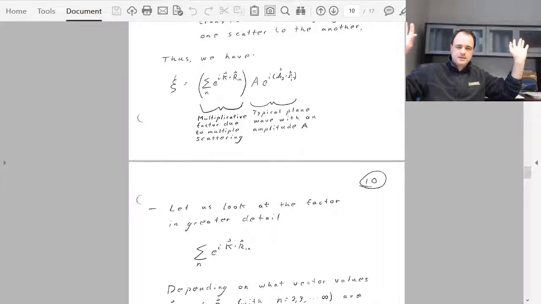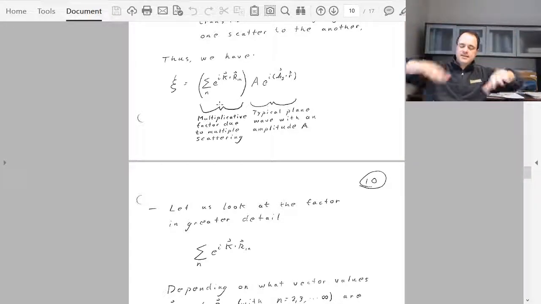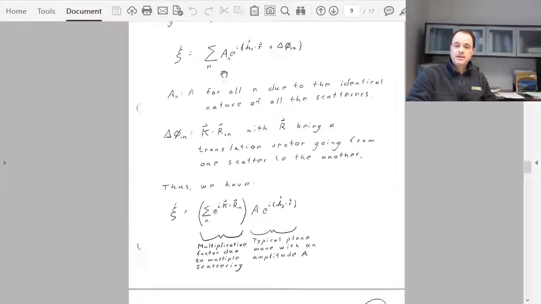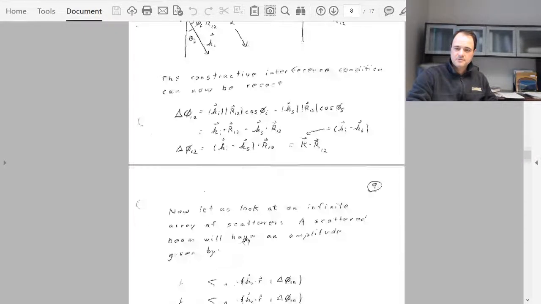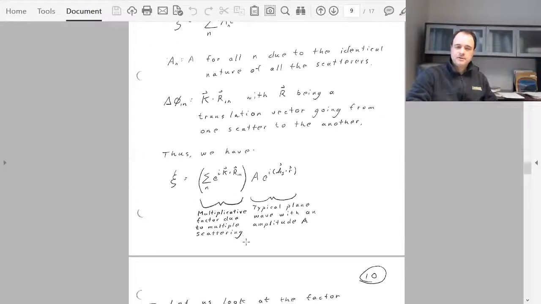All right. But now with this term here, we will find out that not any old direction is possible for your k sub s. And remember, your capital K, as I told you to remember, is your k sub I minus k sub s. All right. So really, your k of I is set.